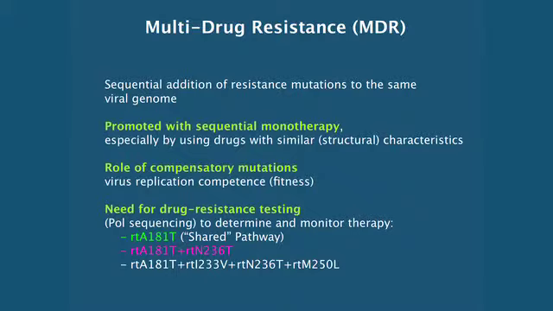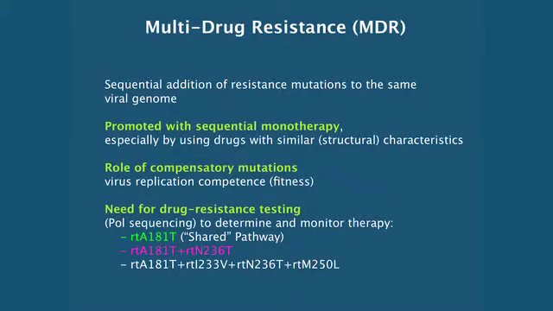The compensatory mutations really do promote replication yield, as we just saw with the V173L, and therefore this complicates for the physician the profile that we see in terms of the genetic variants that are found in the infected individual that is failing their therapy.